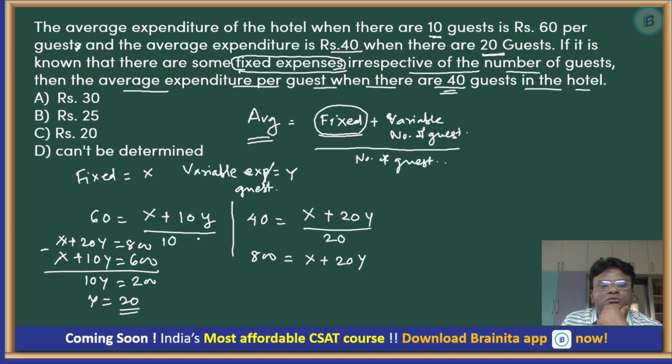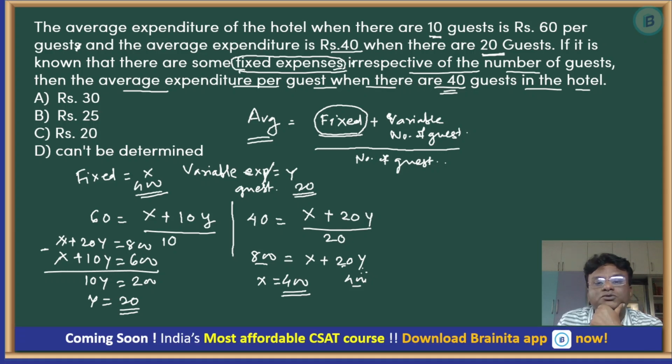Because y is 20, now x, if I put it in either of these equations, let me put it here. Y is 20, so this is 20 into 20, 400. So x is equal to 800 minus 400. Okay, so now I got a value of x and y. This is 400 and this is 20.